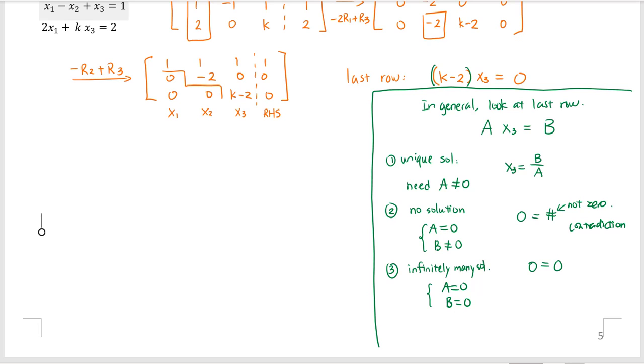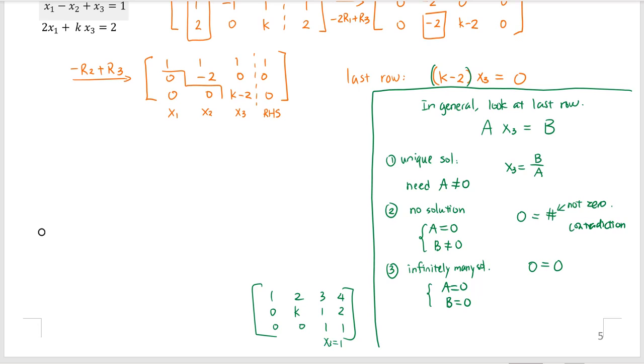For example, if your echelon form is something like 1, 2, 3, 4, 0, k, 1, 2, and then 0, 0, 1, 2, something like this. Sorry, maybe 1, 1, 4, 1, 1. In this case, the last row tells us that x3 is 1.